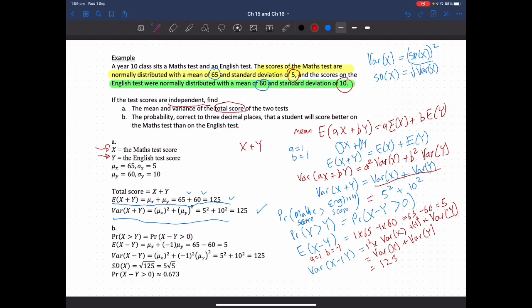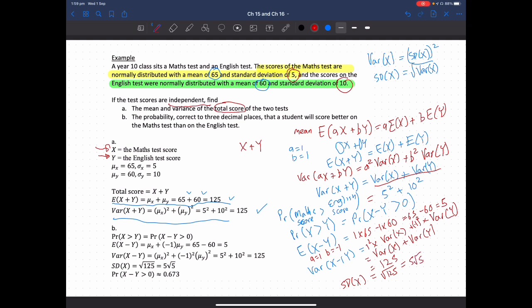The standard deviation is equal to the square root of 125. Writing that exact would give us 5 root 5.